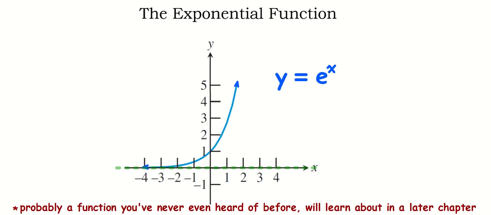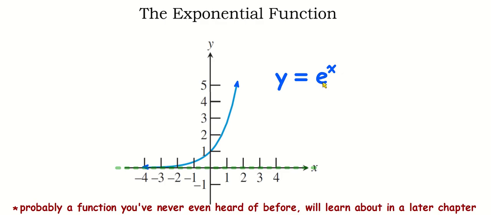And yes, just to make you feel a little better about this brand new function you've probably never seen before: e, this letter, seems like a variable, but it's not. e actually represents a certain number, kind of like pi in that way. e is about 2.718, kind of like how pi is about 3.14.